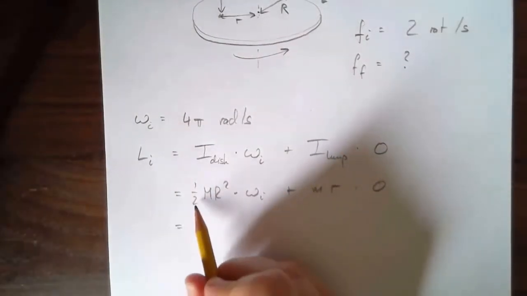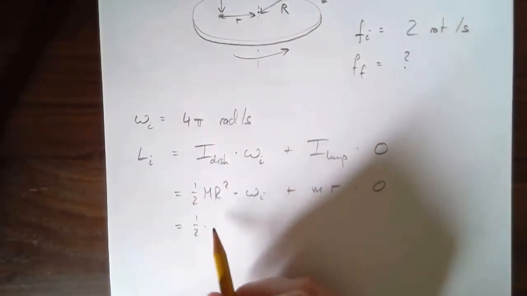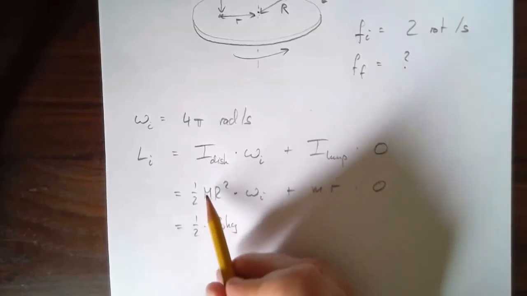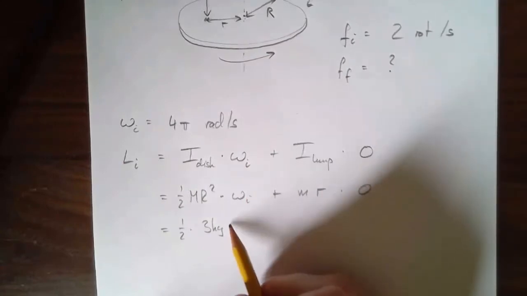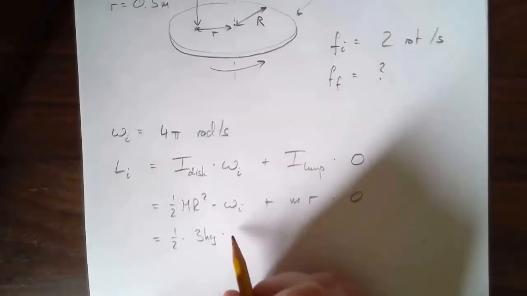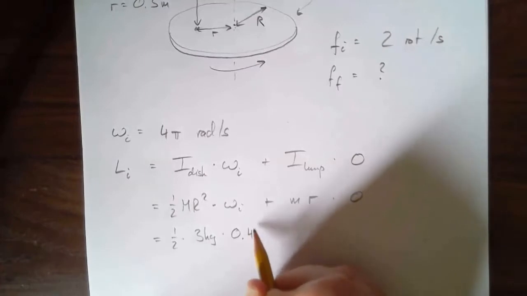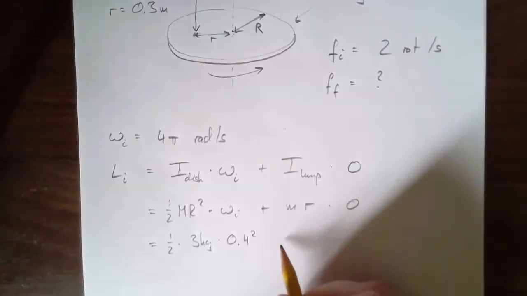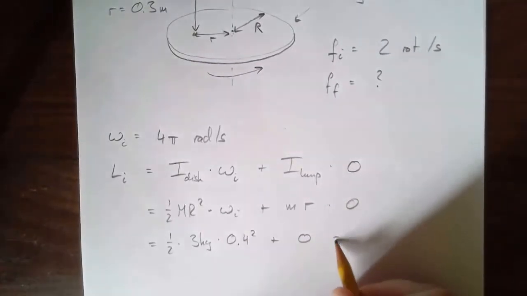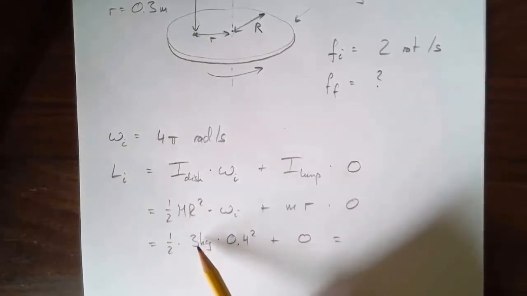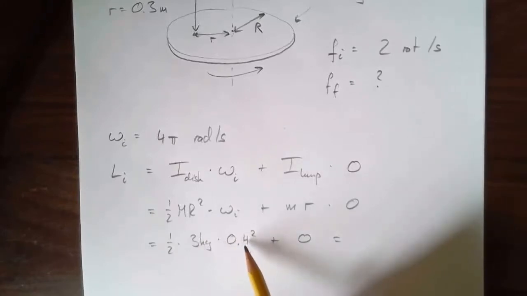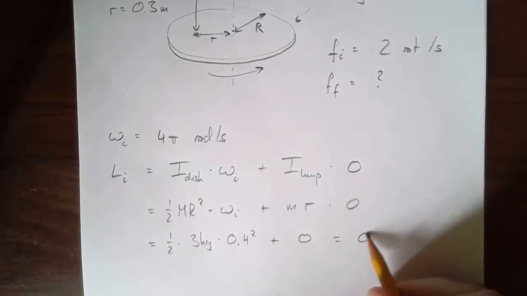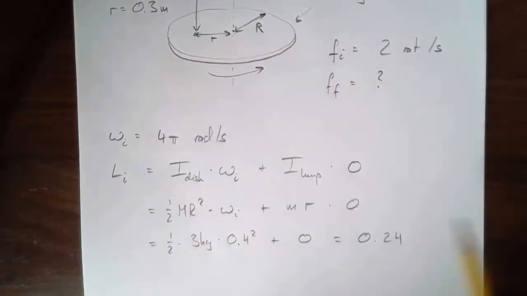Okay, let's plug in the values. I've got 1/2 times 3 kilograms, that's m, that's what we said for our example, times r squared, r is 0.4, so 0.4 squared, plus 0. 1/2 times 3 is 1.5, times 0.16, that's 0.4 squared, comes to 0.24. Now what are the units?